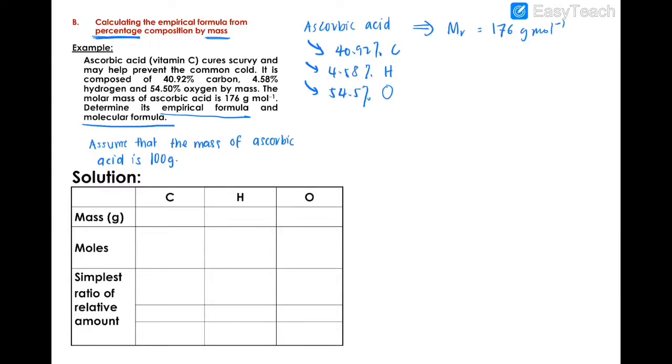Sebab kalau kamu total upkan all the percentage together, you get 100%. So that is why you need to assume that the mass of the substance is 100 gram. So that straight away kita boleh masukkan the value inside the Mamora table. For example, kita ada 40.92% of carbon kan? Therefore, the mass untuk carbon is 40.92 gram.